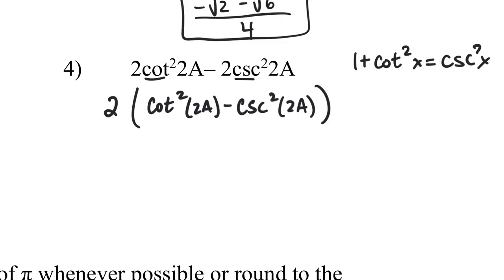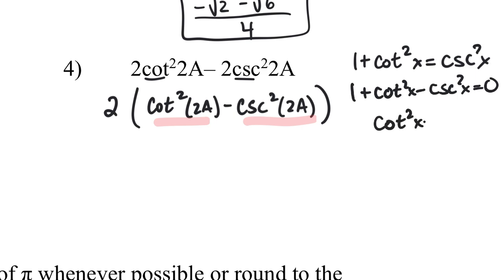Well, if I were to rearrange this, if I were to basically try to create cotangent squared minus cosecant squared, I would subtract cosecant squared from both sides. And then I could subtract 1 from both sides. So cotangent squared x minus cosecant squared x would equal -1.